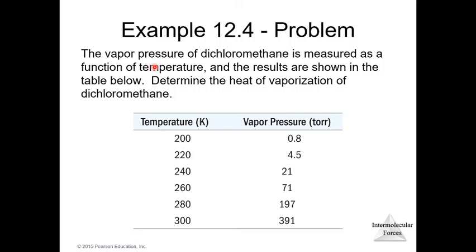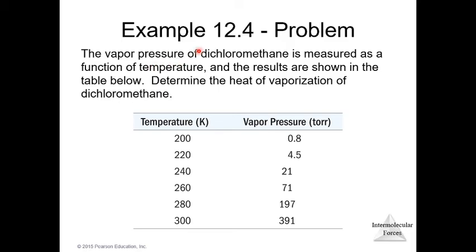All right, so we're going to walk through a problem that I have in the overheads here because it's not something that lends itself to pen and paper. Don't really like this problem in the book, but I do have overheads for it, so here we are. This is 12.4 in your book, which goes over how you use data to find your heat of vaporization for your compound.